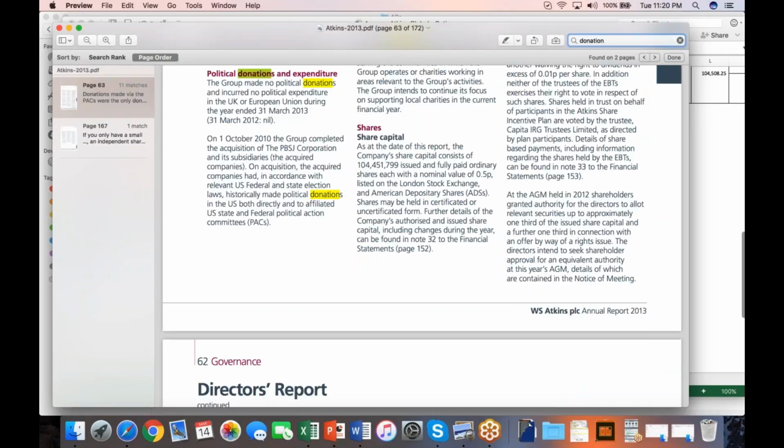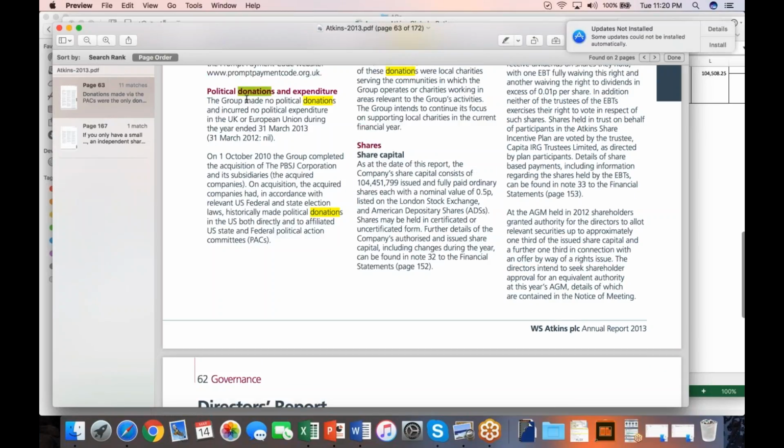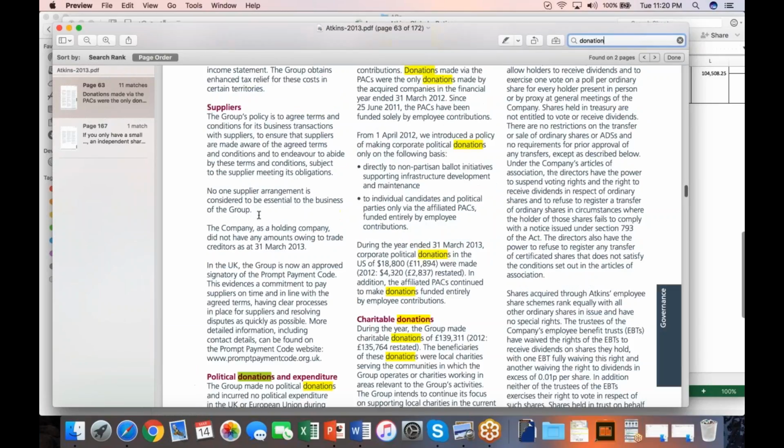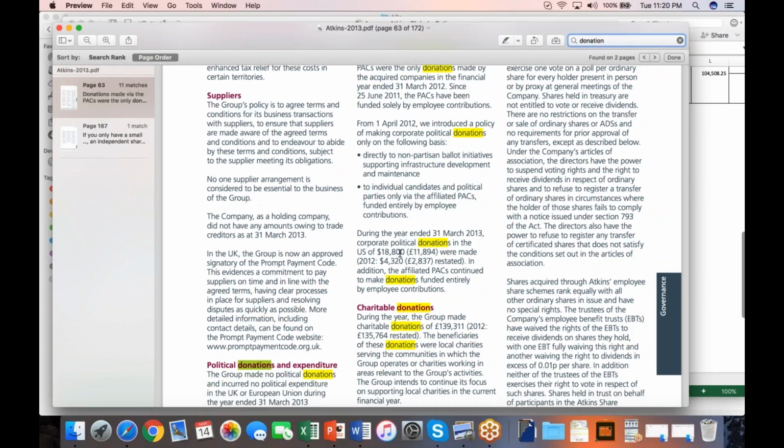They say the group made no political donation and incurred no political expenditure in the UK. But in the US, during the year ended 31st March, corporate political donations of 18,000 were made.